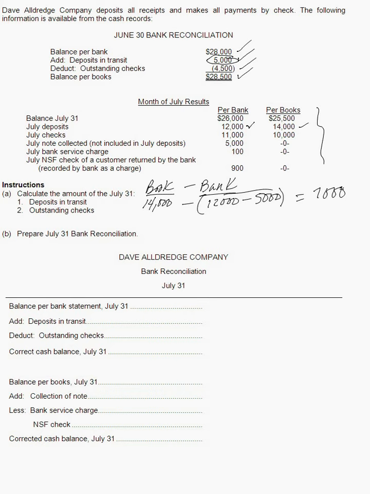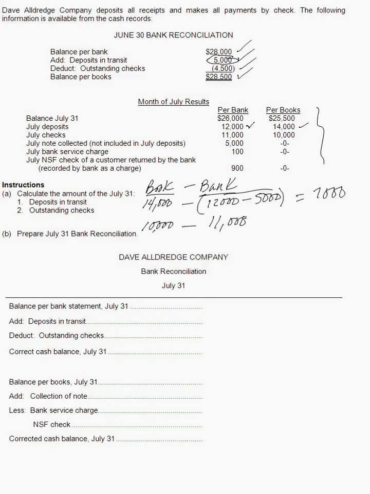All right, let's take a look at the outstanding checks. Again, we take our book amount of $10,000. We subtract our bank amount of $11,000. Now that immediately should be a red flag to someone. How is it possible that more checks cleared the bank than we actually wrote during the month of July?